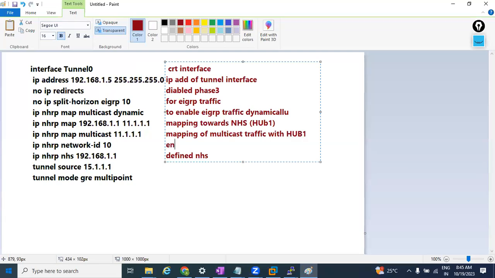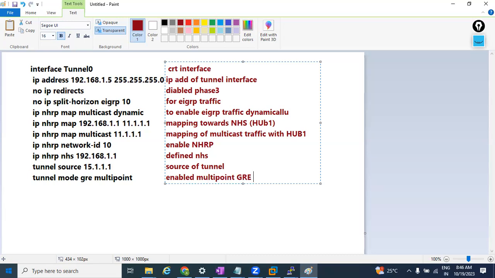Okay. This is to enable NHRP. Okay. This is the source of the GRE, or you can say the source of your tunnel here, and this means enabled MGRE, meaning multipoint GRE.